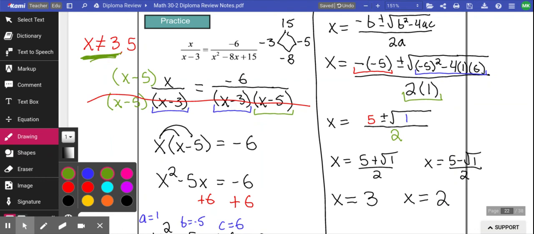Myself, I see answers pretty quick. I've done a lot of math. So I didn't even write x equals 3 because I knew it couldn't equal 3. All I put was x equals 2. And technically, I lost half a mark for that. You have to write x equals 3, and then you have to deny it as a solution. And then put a box under the answer you want. And it has to be done that way. You don't have a choice.